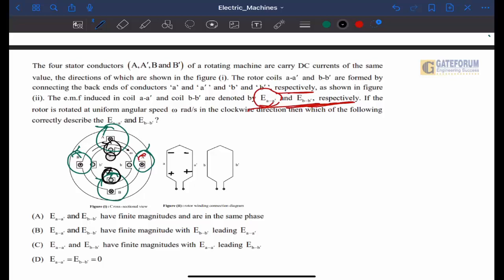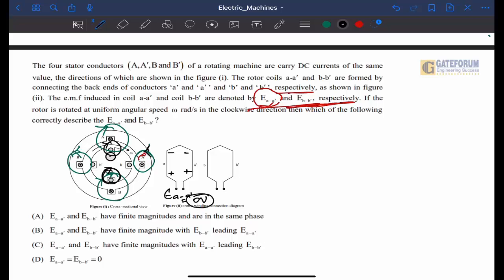Hence EAA dash will be 0. The net induced EMF across the coil will be 0, since both A and A dash rotor conductors experience the same magnetic field. In a similar way, B and B dash rotor conductors experience the same magnetic field, of the same magnitude and the same direction.